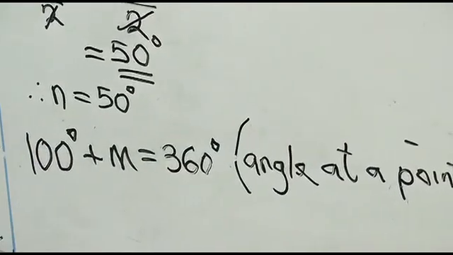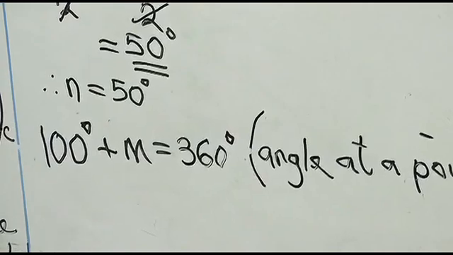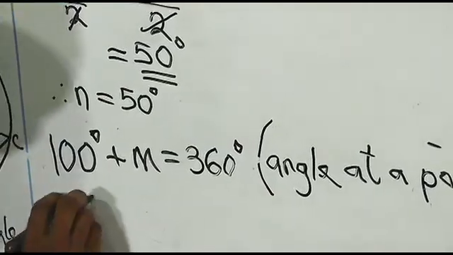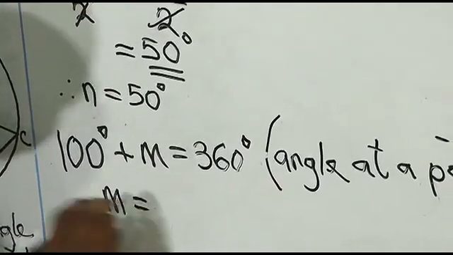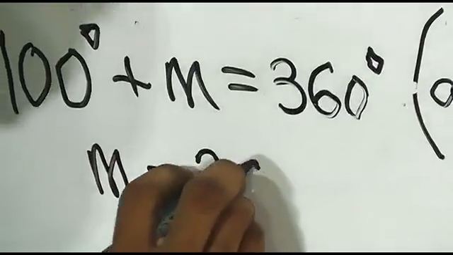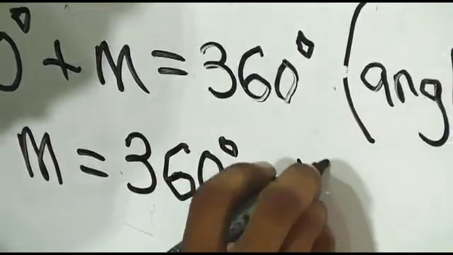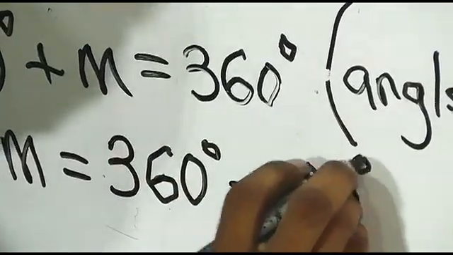So we can find m from this problem now. So m is equals to, collecting like terms, we have 360 degrees minus 100 degrees.